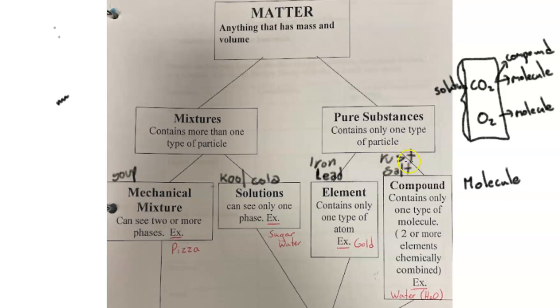Good, that's a compound. Do you know what rust is made out of? No. Iron and oxygen. So iron oxide is rust.